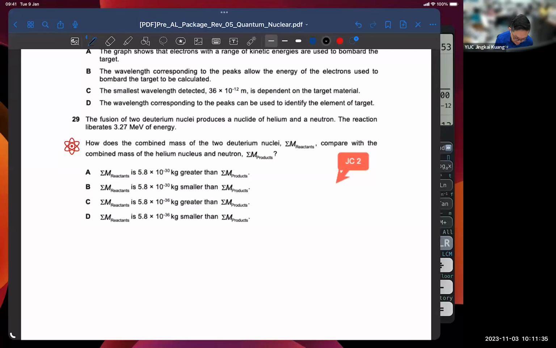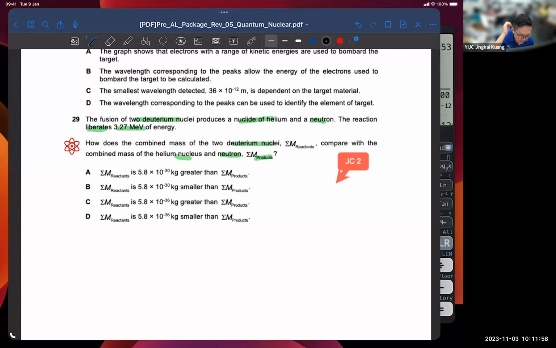We have two deuterium nuclei producing a nuclide of helium and a neutron. The reaction liberates 3.27 MeV of energy. How does the combined mass of the deuterium nuclei compare with the mass of the products?